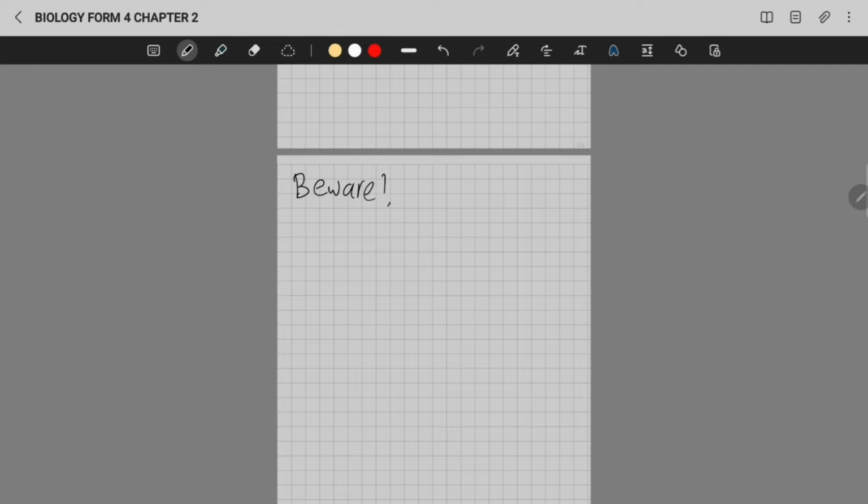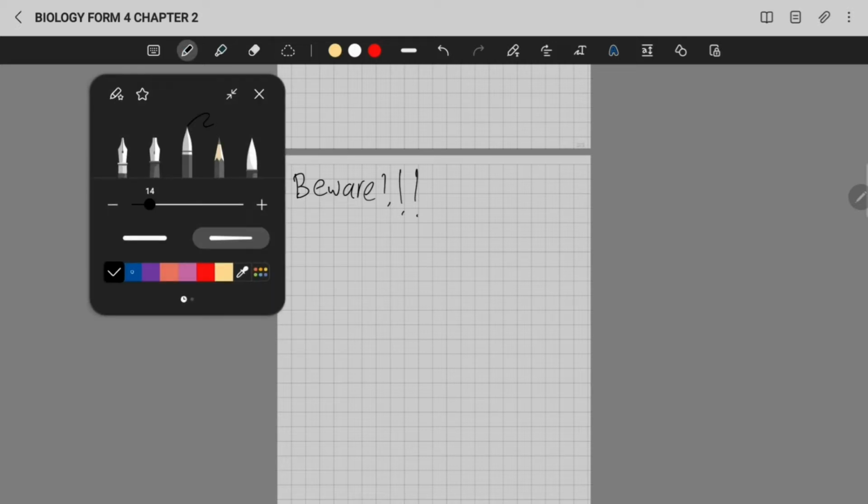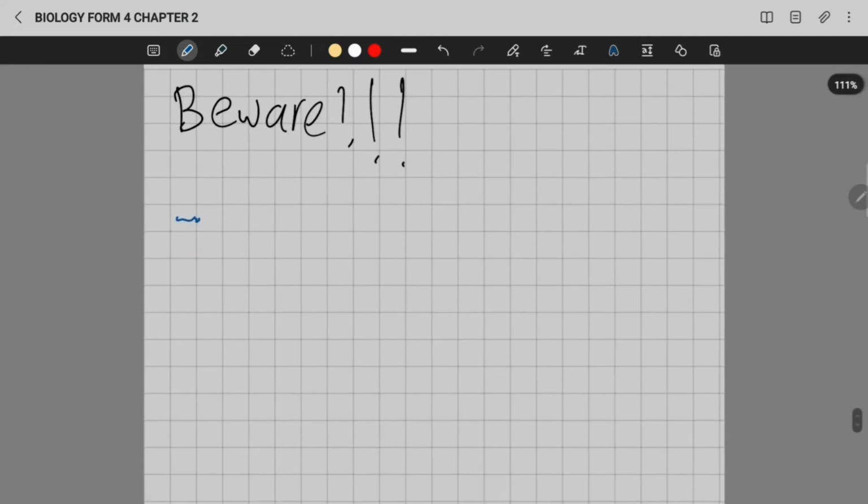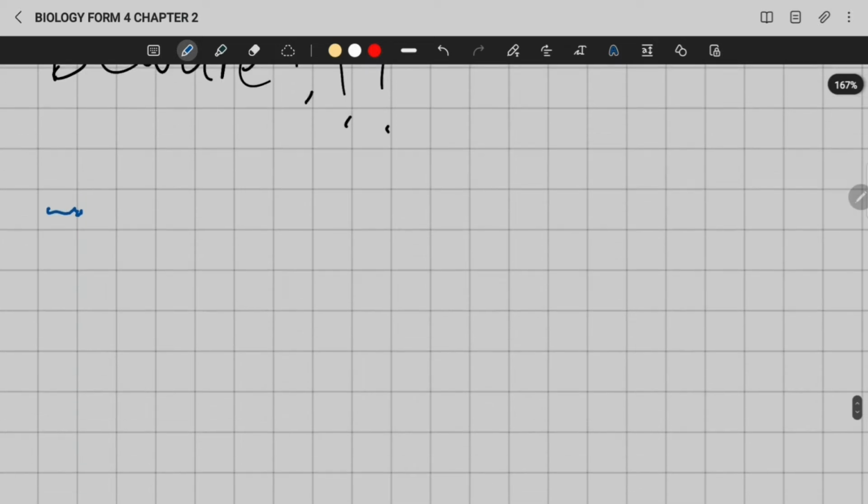Look right here. So beware of these three things, which I experienced myself, and I think it will help you if I state this earlier.